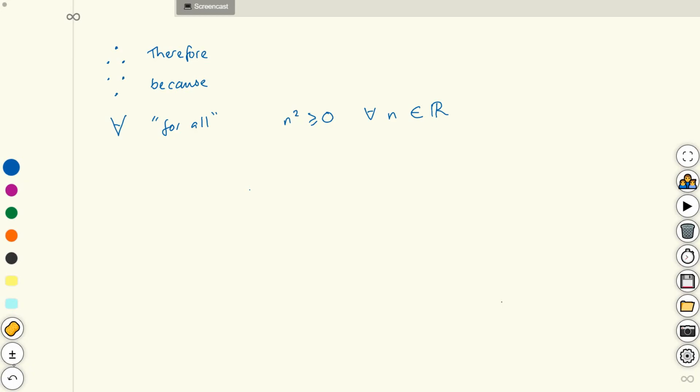Okay, so this R symbol represents the real numbers, and this E is an element of the real numbers. Okay, so we'll pop that one on there too. So it's an element of the set.